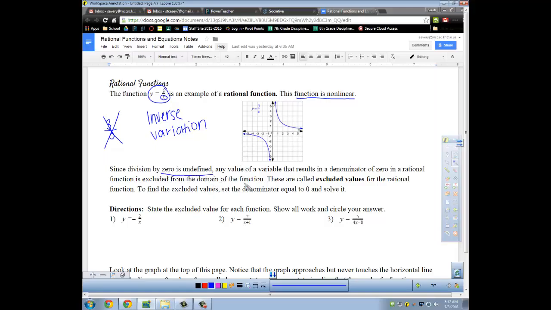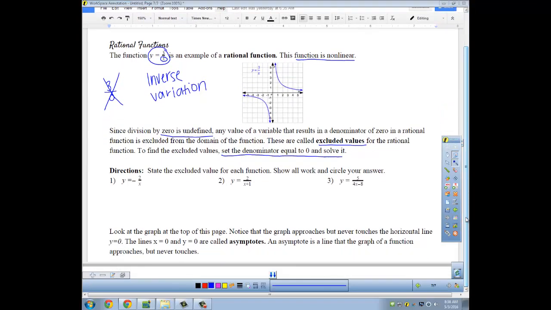So any value of the variable that would cause the denominator to be 0 is called an excluded value. So we cannot have the denominator equaling 0. So whatever number that happens to be, when you plug in a number into the equation, you cannot get 0 in the denominator. To find these excluded values that we can't have, you just set the denominator equal to 0 and solve it.